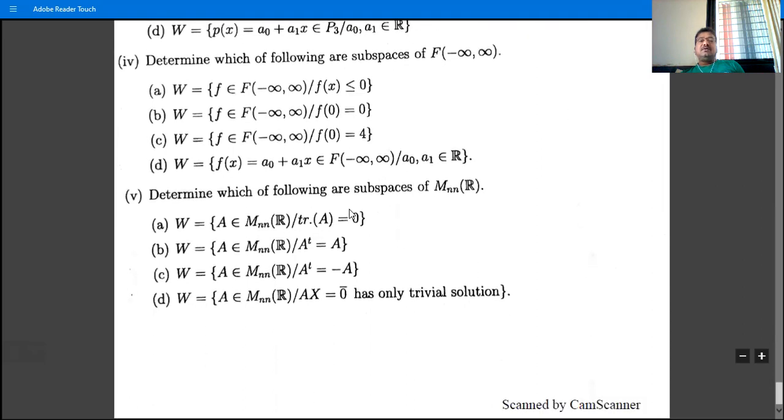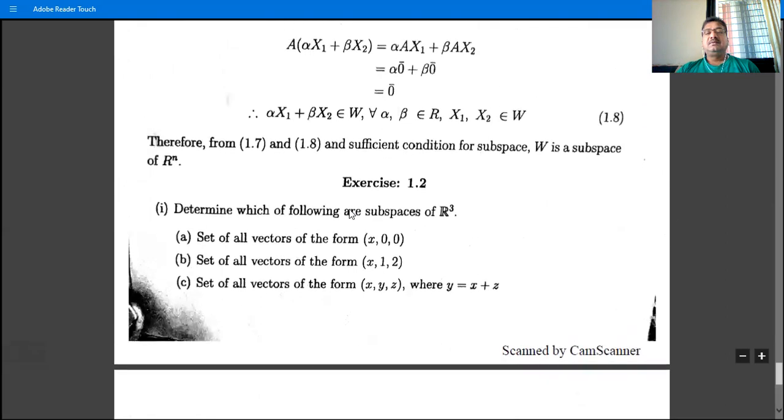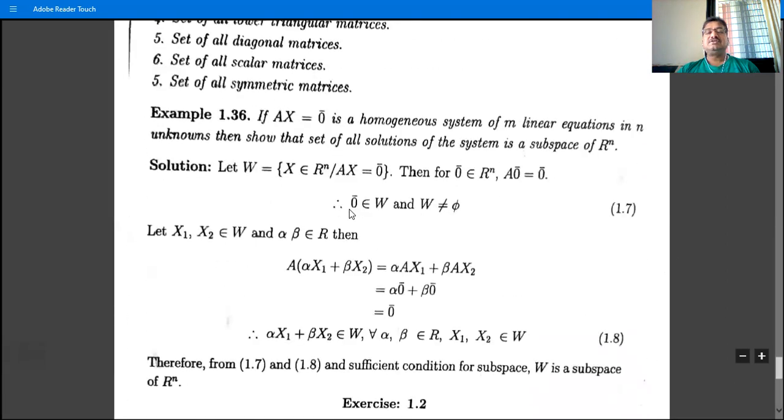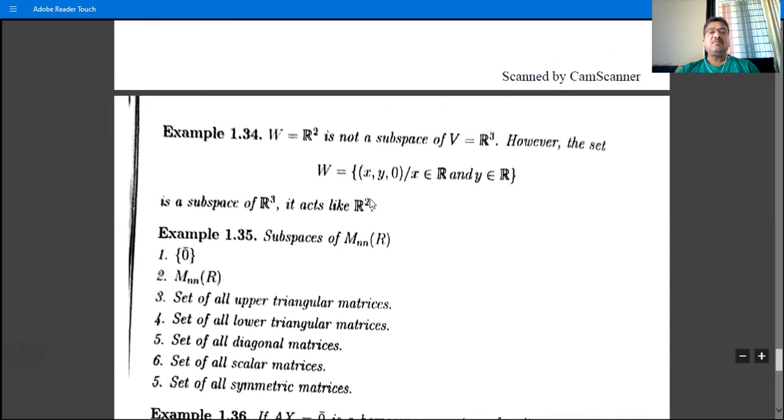So this is about the topic of subspaces. We have to determine whether a subset of a vector space is a subspace or not.